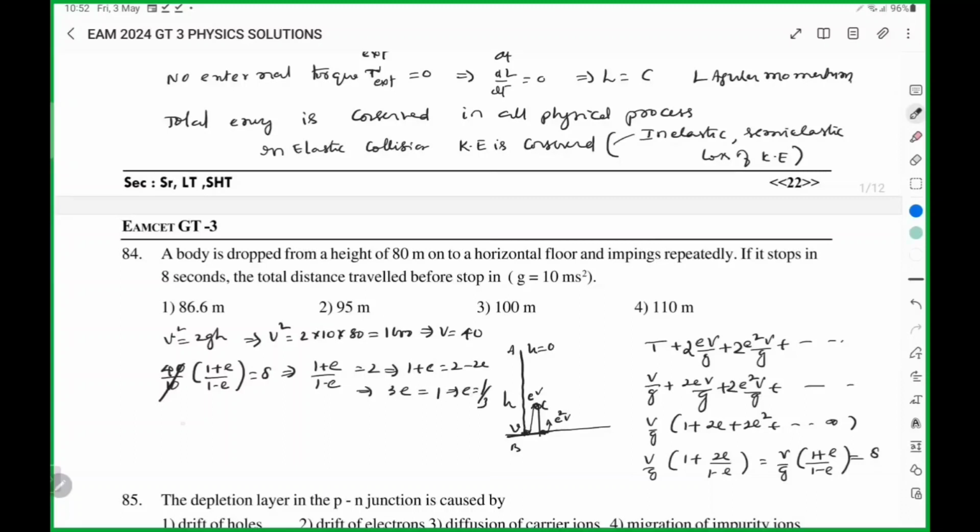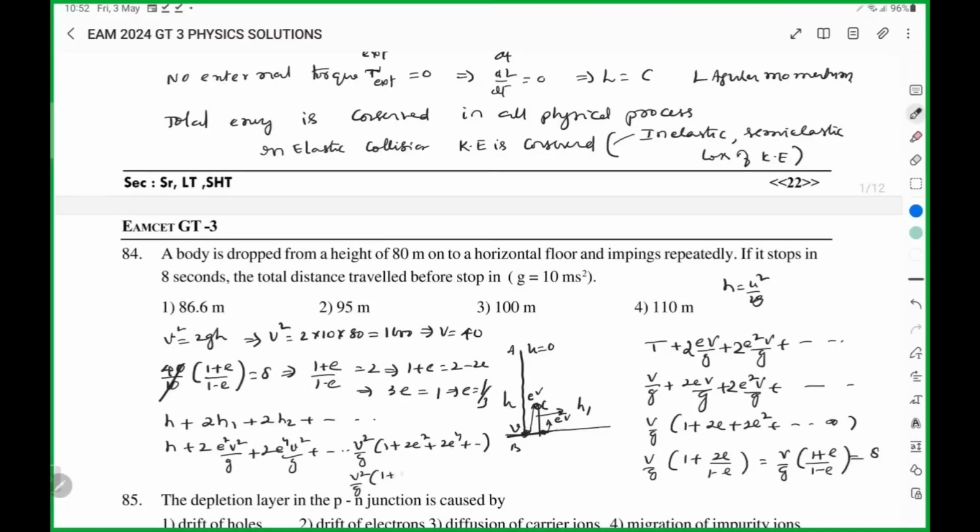The total distance: just before first hit, it traveled H. Next, it rises to a height H1, and falls, 2H1, 2H2 like this. H1 here is u square by 2g, but it rises with eV velocity, so 2 times e power 4 V square by g. So V square by g is common, to e power 4, so V square by g into 1 plus 2e square.